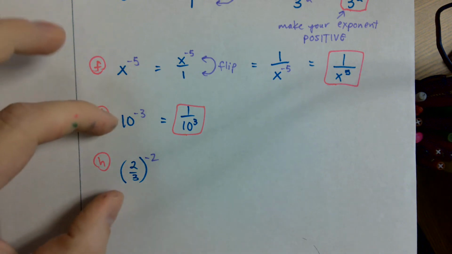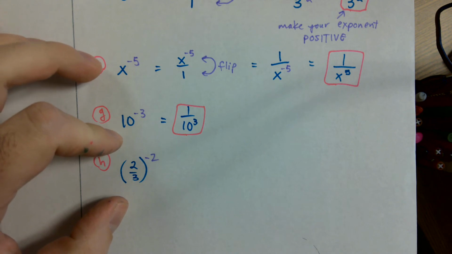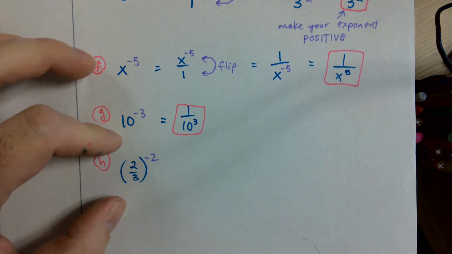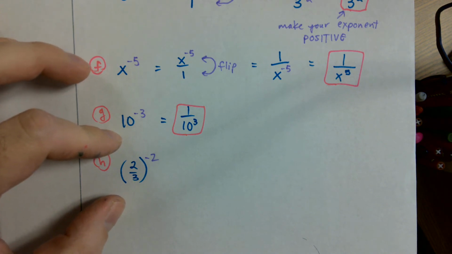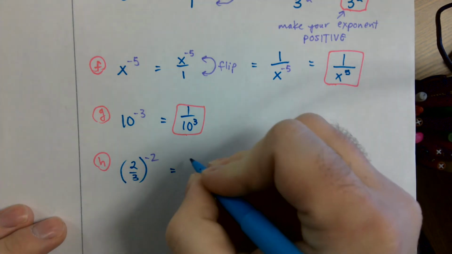What was the first thing we have to do when evaluating a negative exponent again? What's that? Bingo, exactly. Flip the numerator and the denominator. So let's do that. Let's flip it.